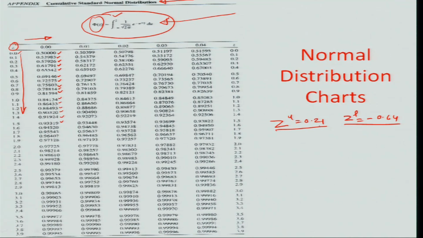Further, I would like to analyze a little more how this minus 0.64 can be obtained. You see the normal distribution has been calculated only from the 0 value onwards, and there are no negative values in this table, one reason being that it is a symmetric function.